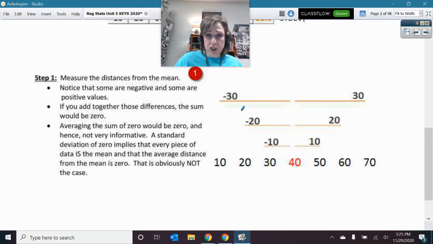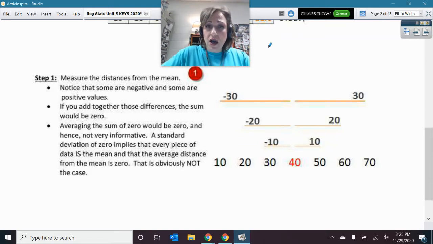This is a fact that you actually do need to know. If I took these numbers, negative 30 and 30, negative 20 and 20, and added them together, because you know how you get the mean, you add them all up and then divide by how many there are.